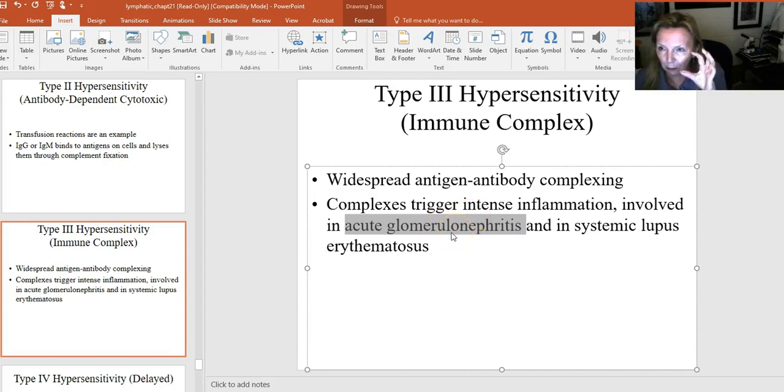So urine output decreased, and not only decreased, but started looking like black sludge, the urine did. Because remember, the kidneys are just filtering blood plasma. But the blood plasma now has so many antigen-antibody complexes that it's so thick that as blood is trying to be filtered in the kidneys, it's blocking those filters and causing an inflammatory response that's shutting those kidneys down, and you can lose your kidneys.